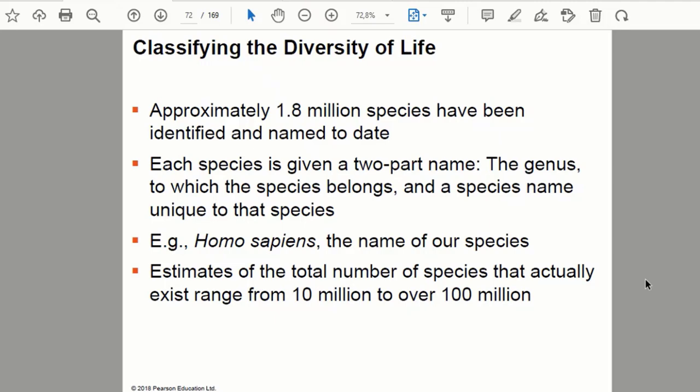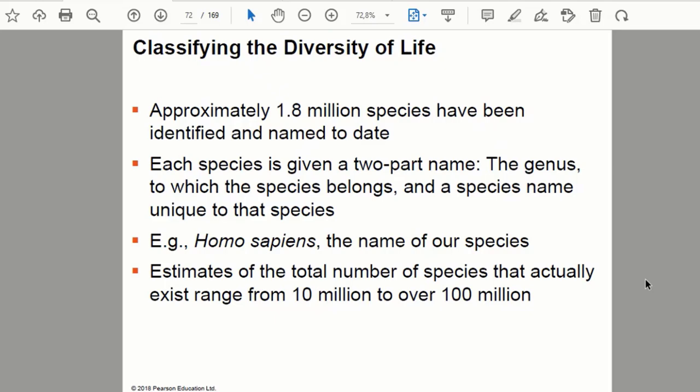Even when you have individuals, you have to classify them into species. Those species you need to classify into genera, into populations, into communities, into ecosystems, into the biosphere, all in that hierarchy.